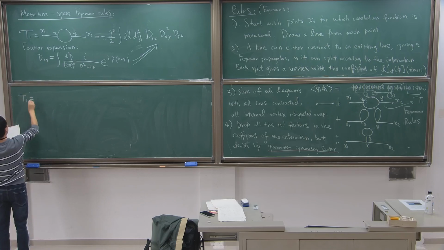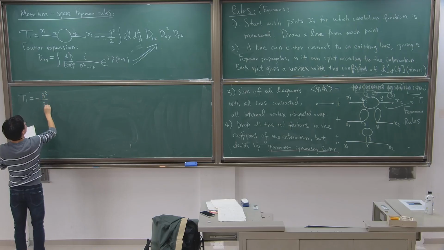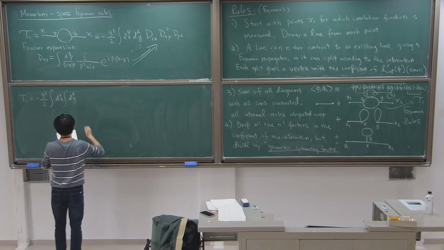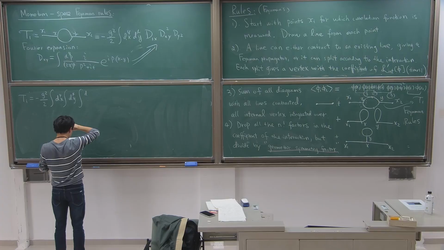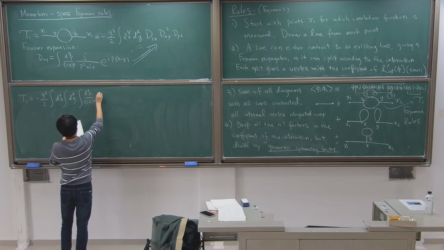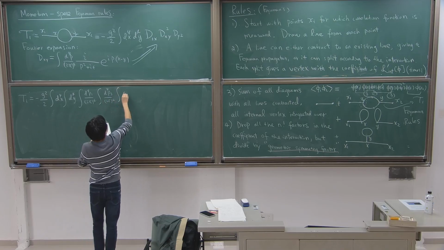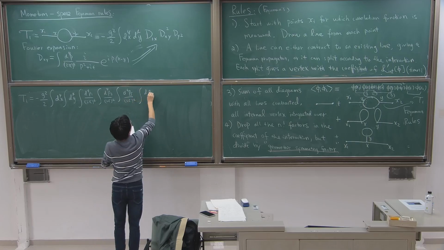So after Fourier expansion, this T1 becomes minus g squared over 2, integral dx, integral dy. And there are many p's, right? If for each D we do the Fourier expansion, we get dp1, dp2, dp3, and then dp4.